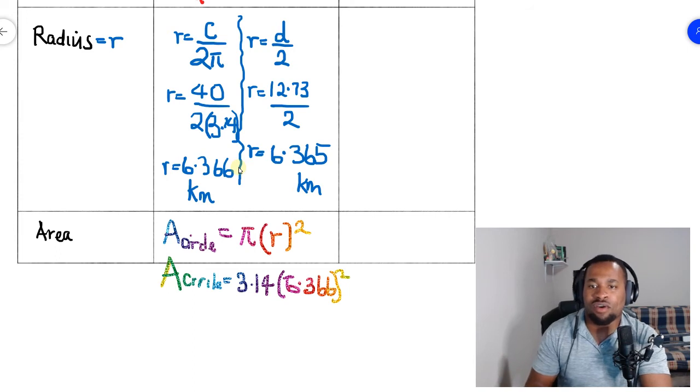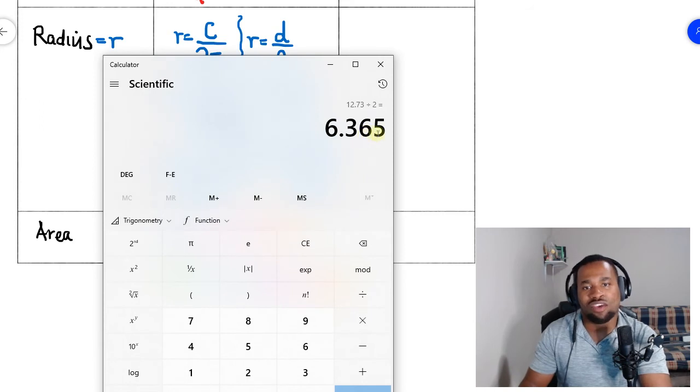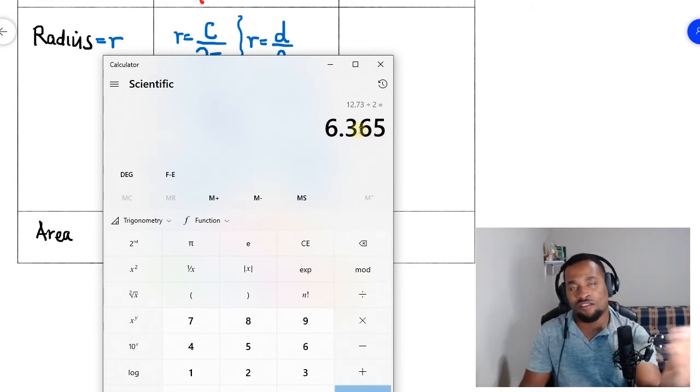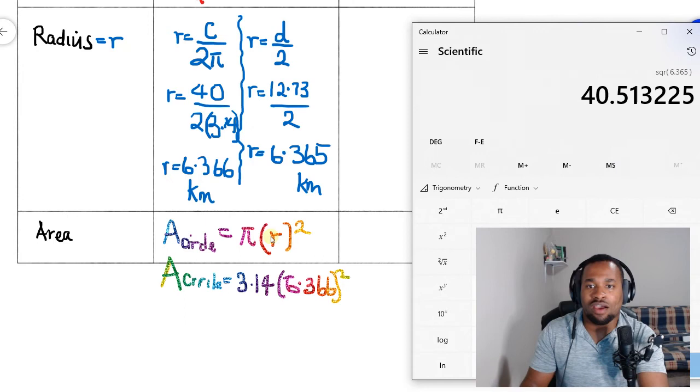And so therefore, go into your calculator, we're given this number here. I know it's not accurate, but you can just use that number as the radius, because that is what we used to determine the radius from our specific diameter. And so once you perform the square, which is shown as this particular symbol, you're going to get 40.513. And once you perform the square of that, the next is to multiply the square of our radius, which is this number, by the pi.